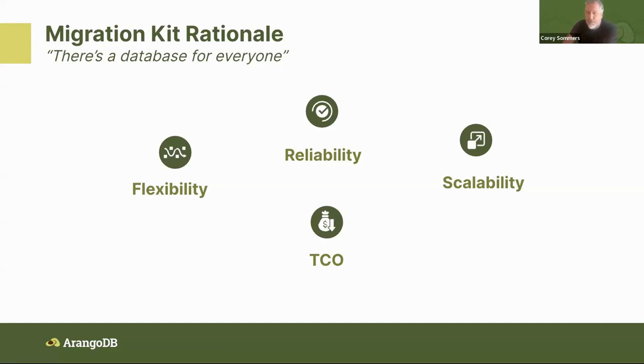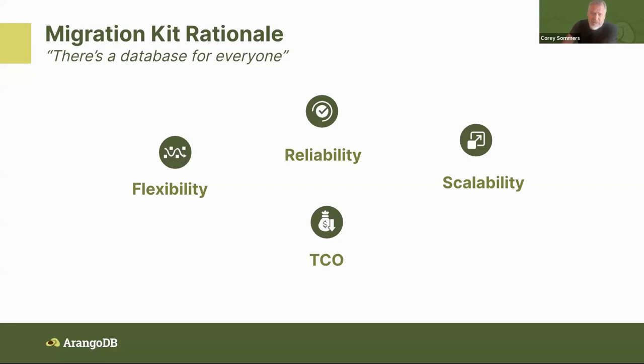And if you look at what we're hearing in terms of what prospects and customers want that makes ArangoDB appealing, it's around four things. Flexibility, as I said, what can you use that database for? Can you use it for more than just graph? Reliability in terms of uptime, disaster recovery, fault tolerance, certainly important.